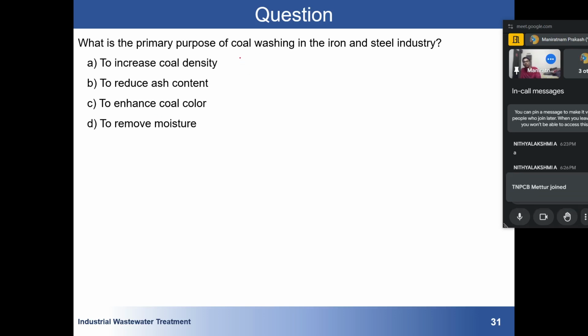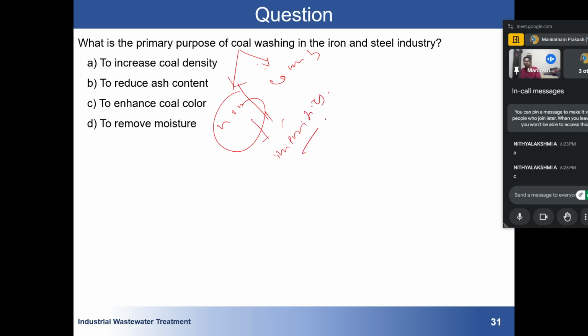Coal has two parts. One part is the combustible part, another is the non-combustible part. The non-combustible part is mostly impurities, and we want to remove those impurities.